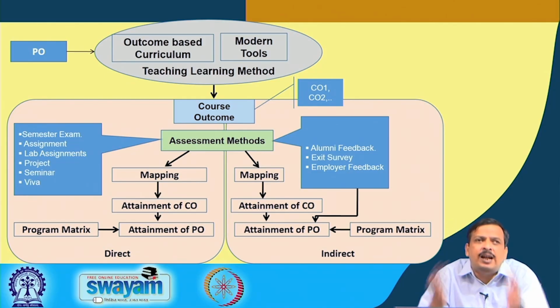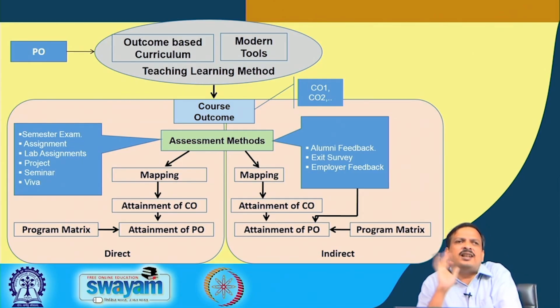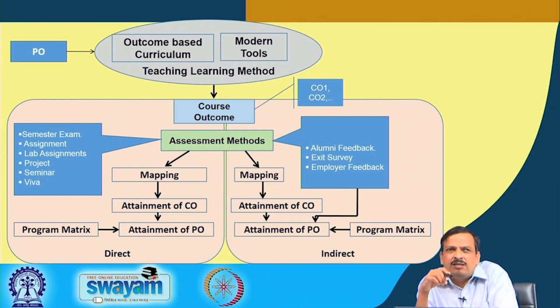Assessment can be of two types, one is direct, another one is indirect. Suppose you want to appoint a driver. Let us take an example. One assessment is that you can survey about that driver. That driver may be working somewhere else, you can collect feedback from that place. That is called indirect assessment.